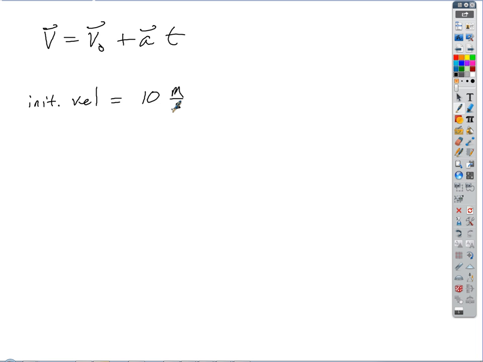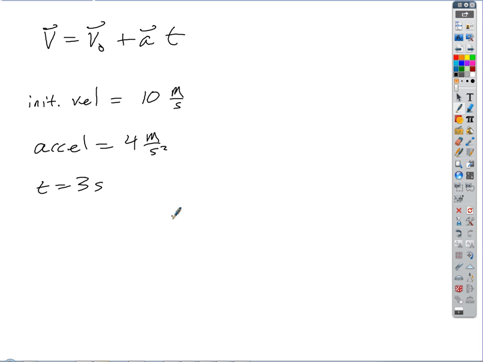It's accelerating at a rate of 4 meters per second squared, and we're going to let it accelerate for a time of 3 seconds. Can we predict how fast the car is going at the end of that 3 seconds? There's our model, right? All we have to do is plug in these values.